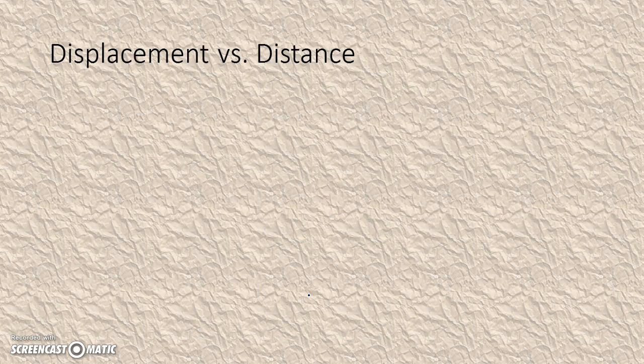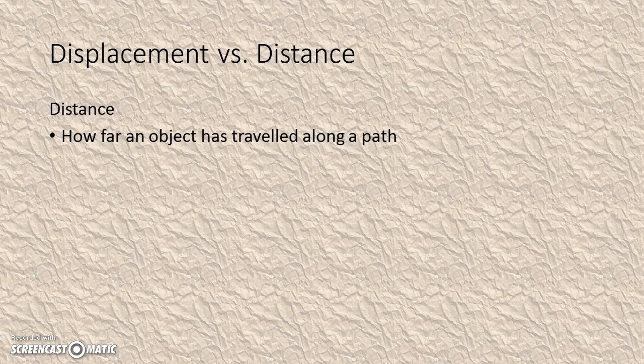Displacement versus distance. We've talked about this at the beginning of the year, so we're going to do a quick review. Distance is how far an object has traveled along a path. Remember, distance is how far the object has traveled.